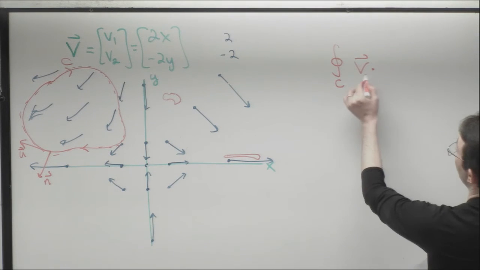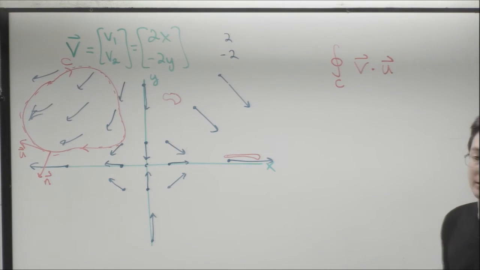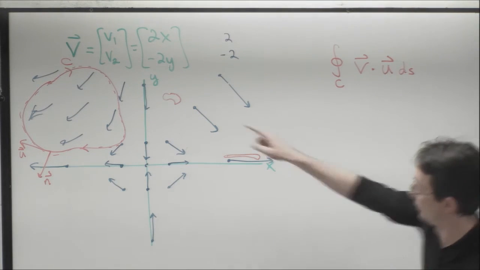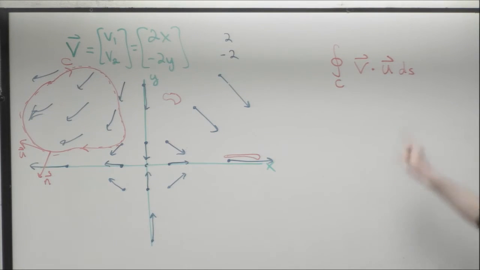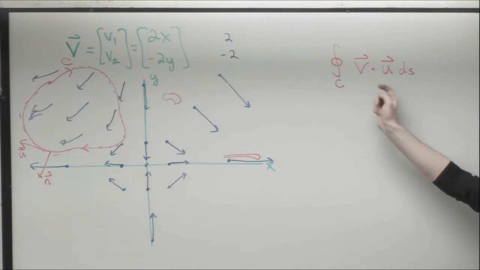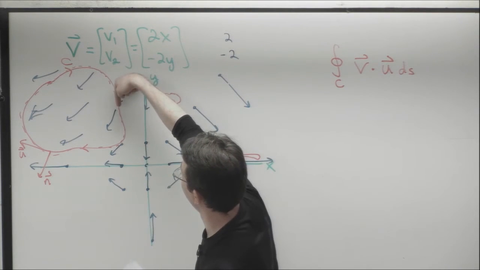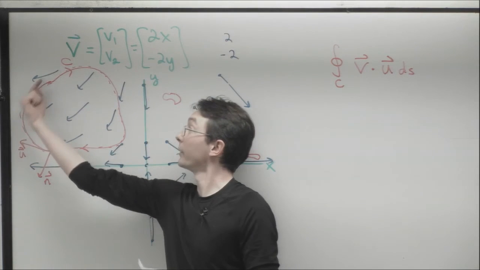If I look at the component of my velocity field that is tangent to the curve, and I integrate that across the whole boundary of the surface, what theorem do I use to simplify this? I'm basically looking at how much of my vector field points in the tangent direction, and I'm adding up all of those components around this closed circle.